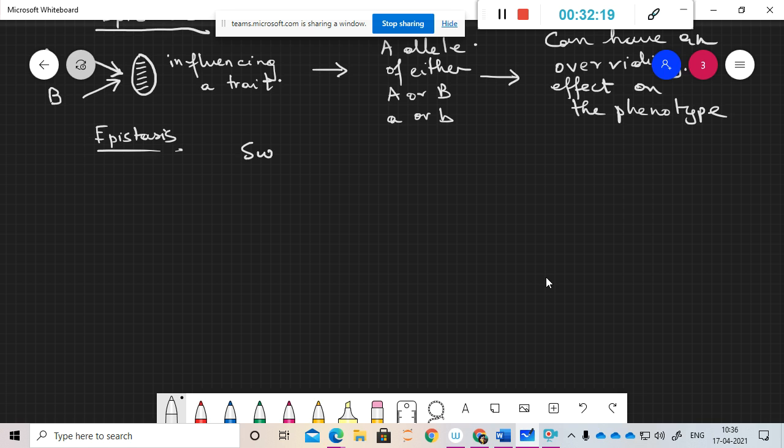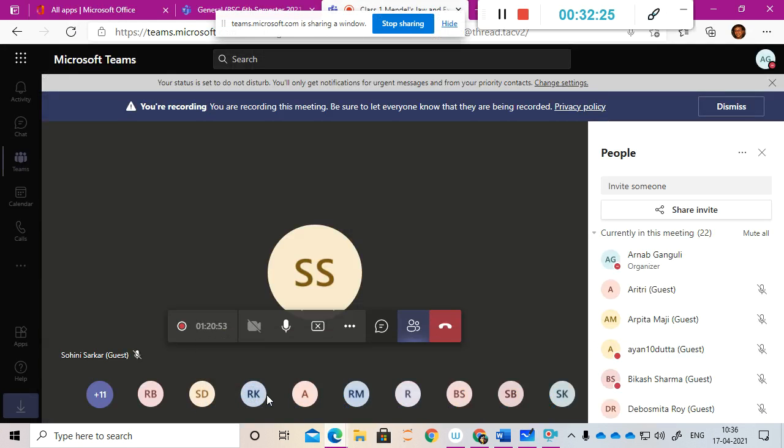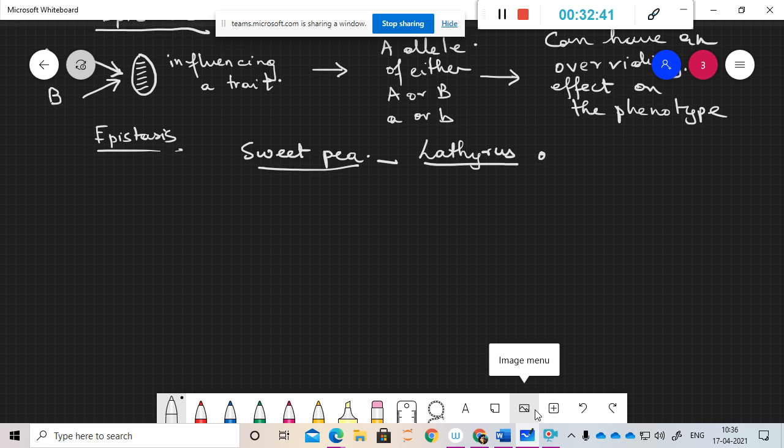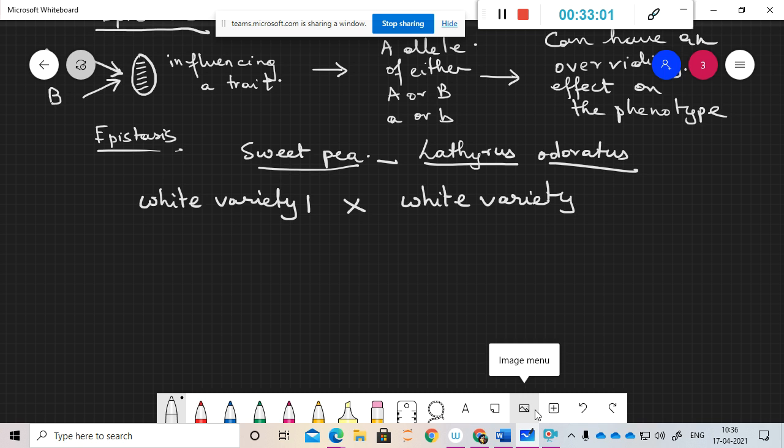In the sweet pea, Lathyrus odoratus, it happened that when one white variety flower 1 was crossed with another variety flower 2, suddenly you had purple flowers coming up.